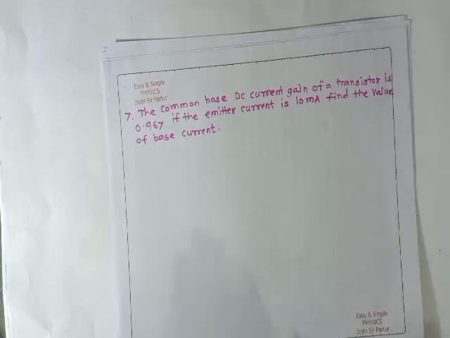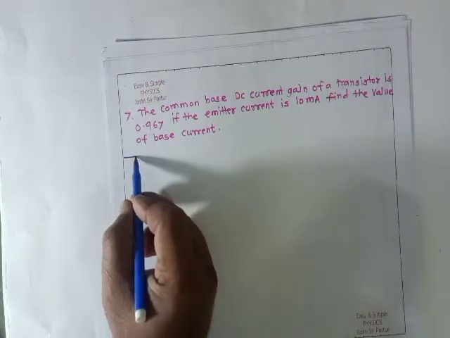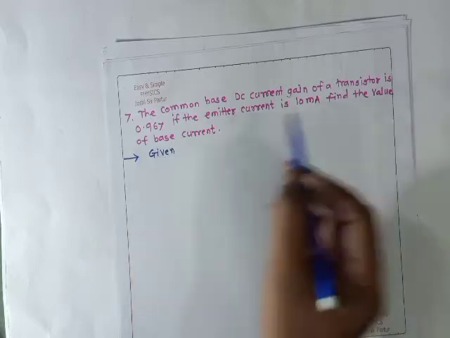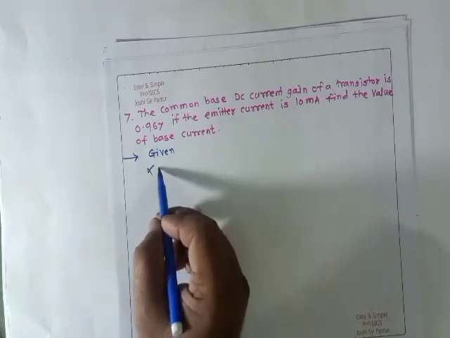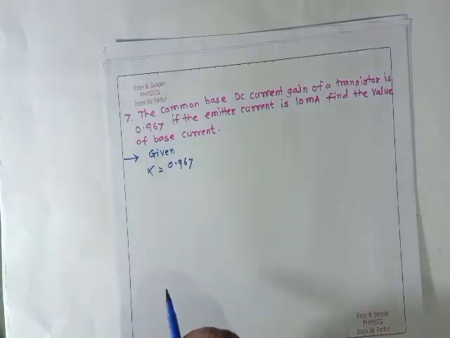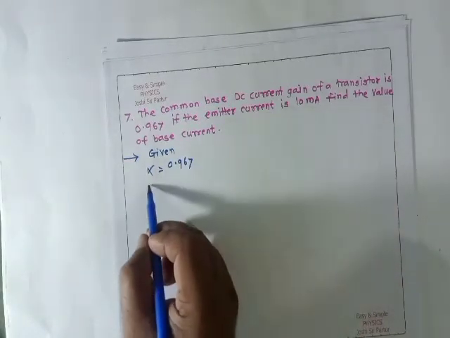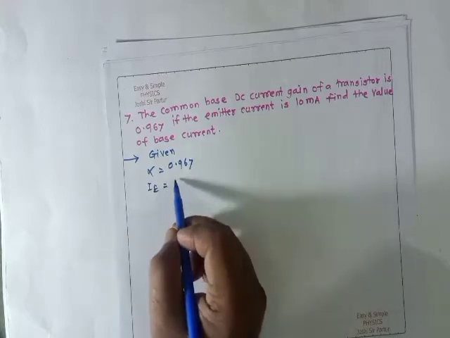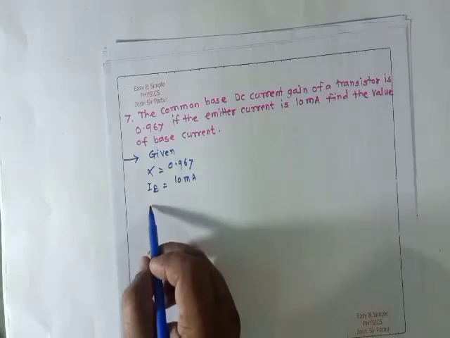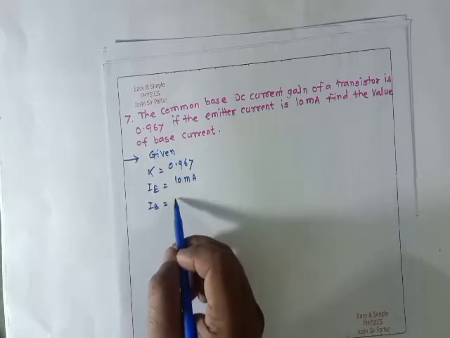Here a similar problem is given. The current gain, alpha, is equal to 0.967. The emitter current will be 10 milliampere. We want to find the base current.